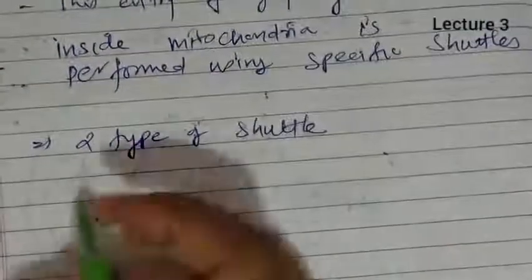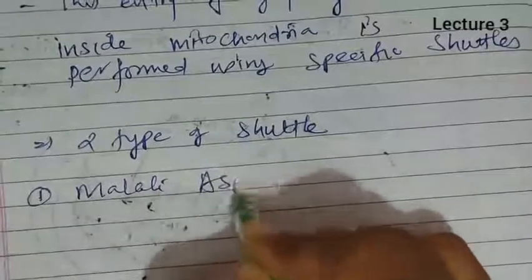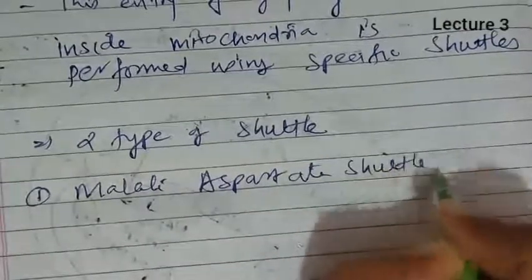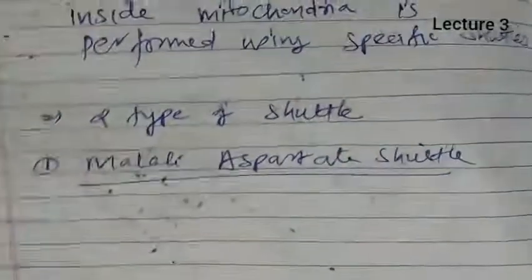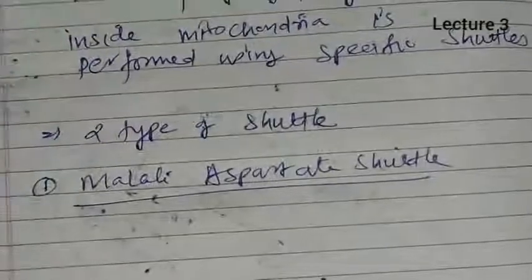Okay, first is the malate aspartate shuttle, and second we will talk about the glycerol 3-phosphate shuttle.